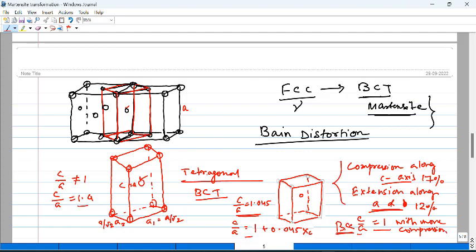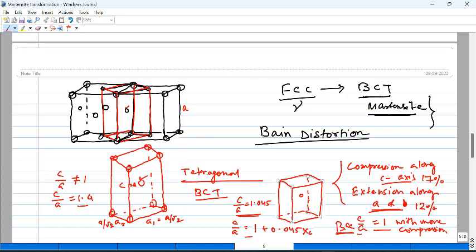So it is close to BCC in that sense. It was going to BCC, but somehow it has stopped in between. Why has it stopped? Because we have not allowed the diffusion to occur. If we allow austenite to change to another structure at lower temperature, it would go to ferrite, the BCC.